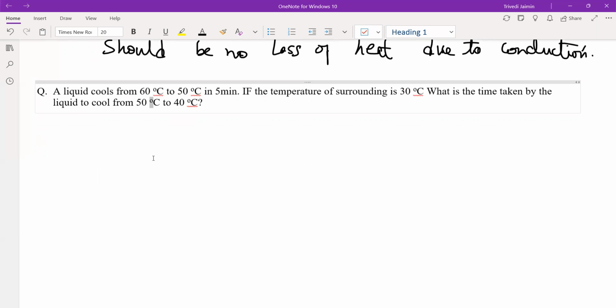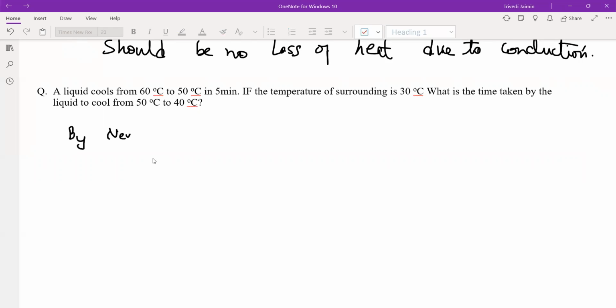Okay. So how to start? From Newton's law of cooling. What they say is the rate of cooling is directly proportional to the difference between the temperature of the system and surroundings.